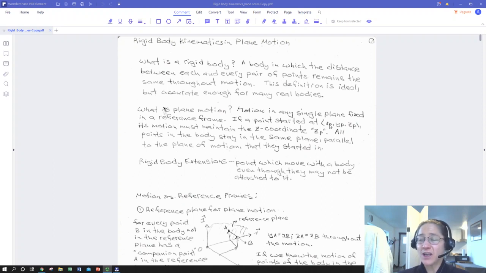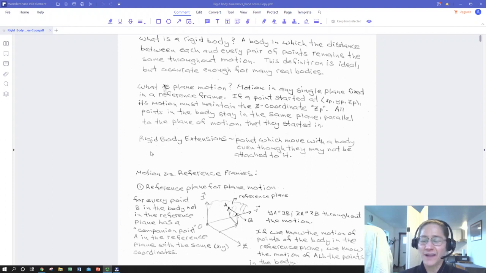The motion can go to any x, any y, but it's got to stay with a coordinate of z_p. It can't move out of that plane. So all the points in the body stay in the plane, and points parallel to that plane stay in the same plane that they started in. So you can think of basically everything moving in lockstep parallel to the plane of motion.